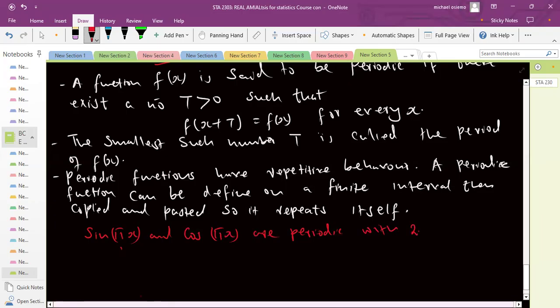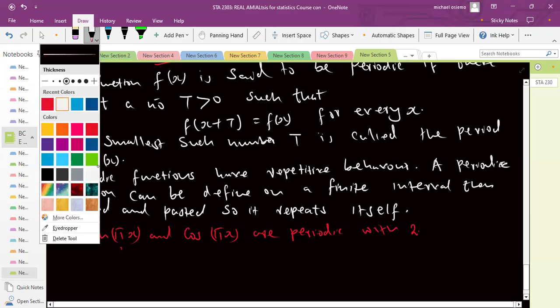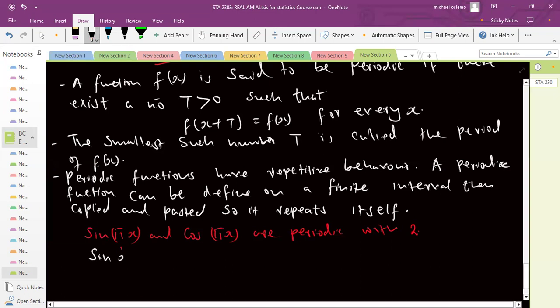Now, this is because if you look at sine x and cos x, they are periodic with period 2 pi. 2 pi is equivalent to 360 degrees.